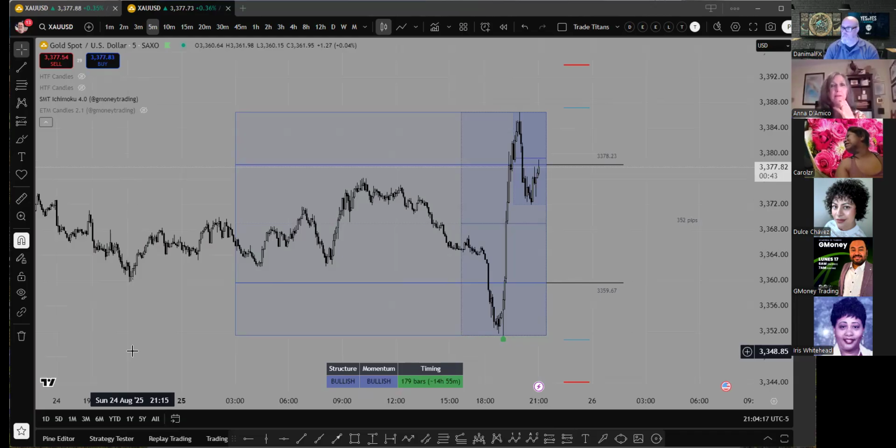So we're keeping everything within each time frame. In each time frame, there's structure, which is the big box of that time frame, and the momentum are the two smaller boxes of that time frame. That is correct.